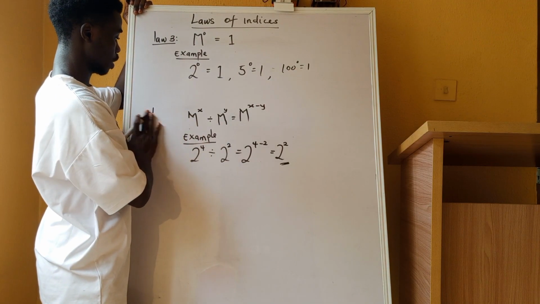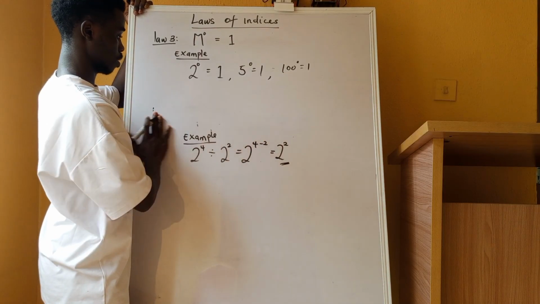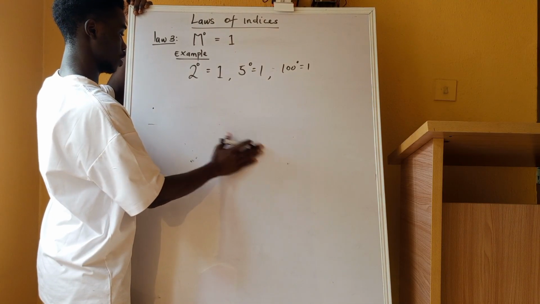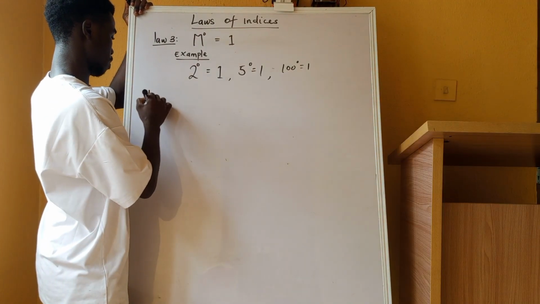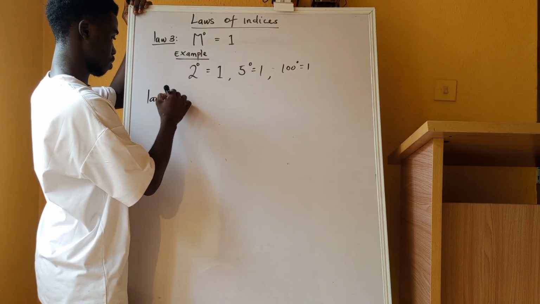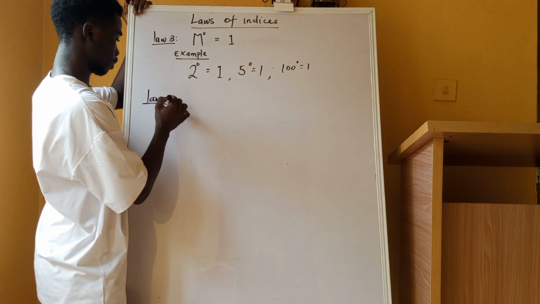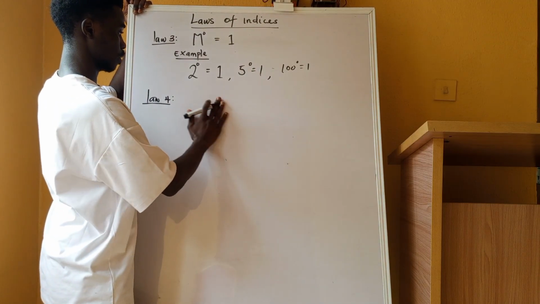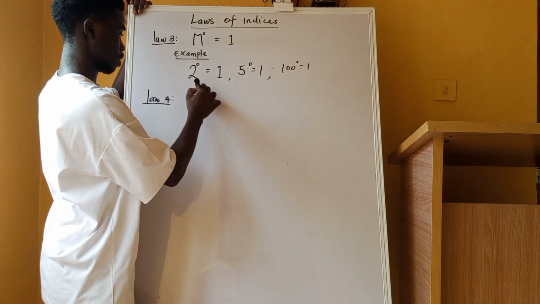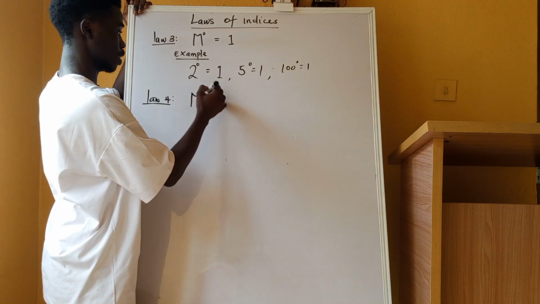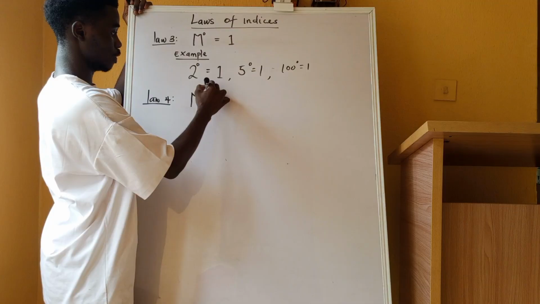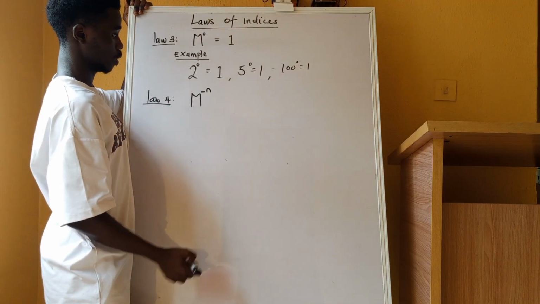Alright. So let's see the next law. Law number 4. Let's say we have m to the power of negative x.